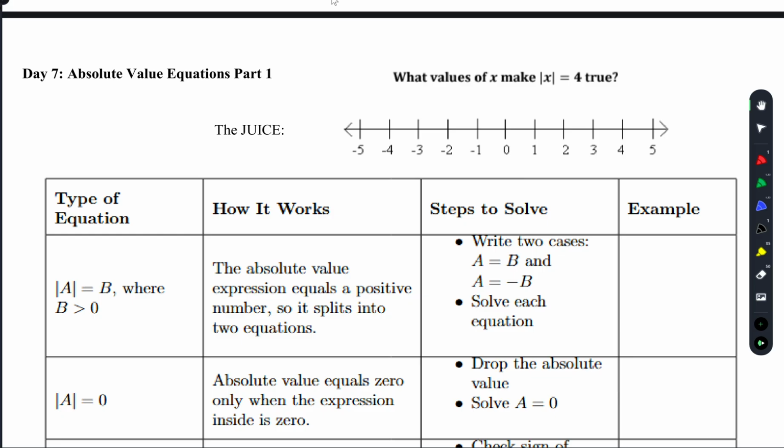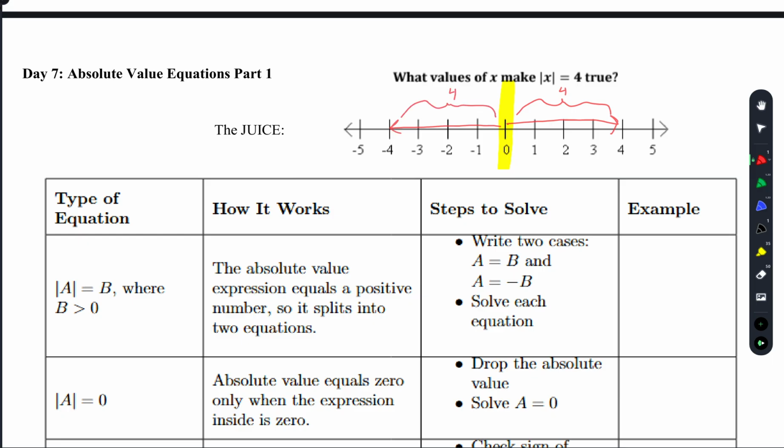So what it means is a distance away from zero. So what number is 4 units away from zero? If you had to solve this, absolute value means distance from zero, so always starting with 0. Usually everyone's like, oh yeah, this is 4, 4 units. But going this way is also 4 units.